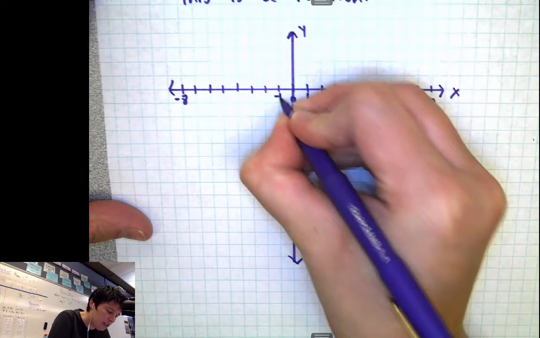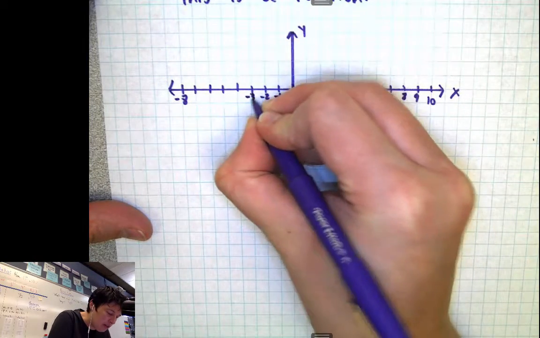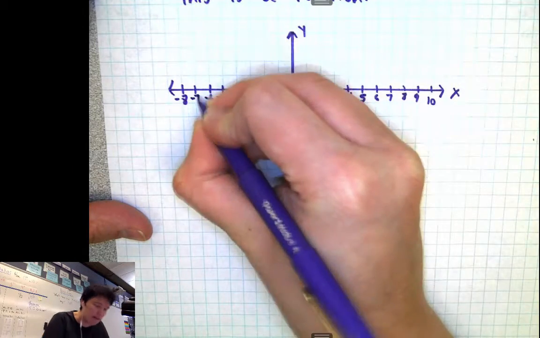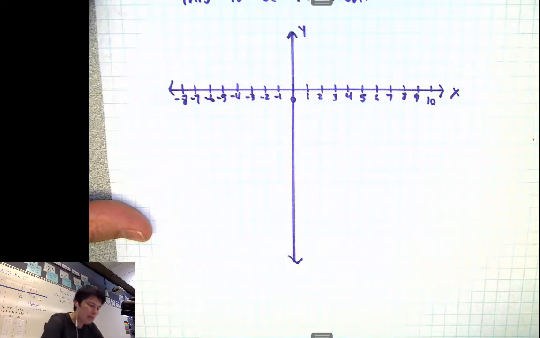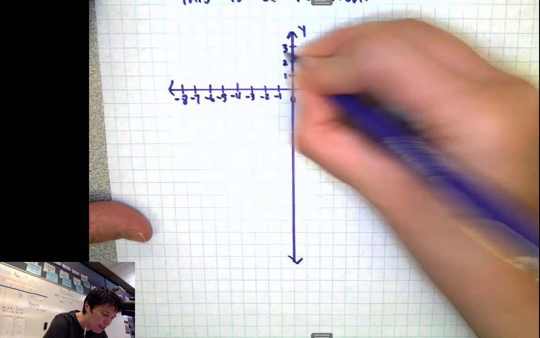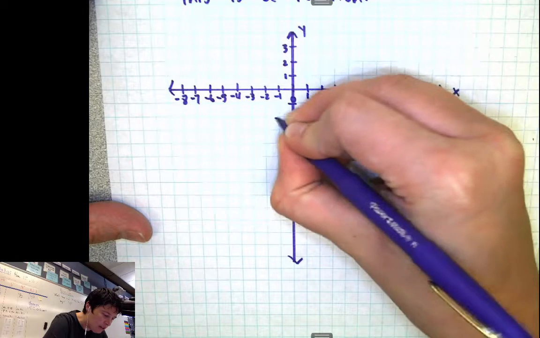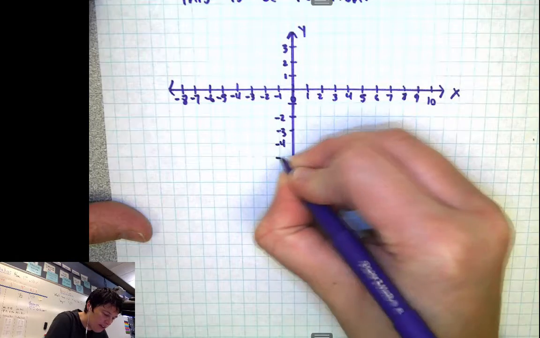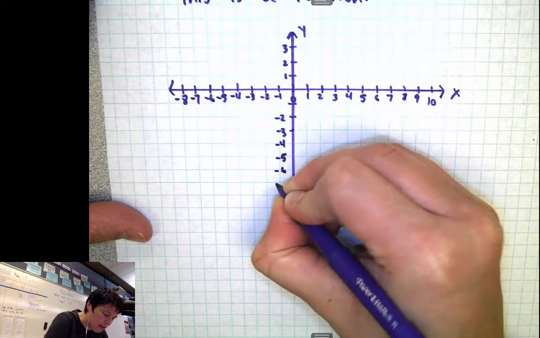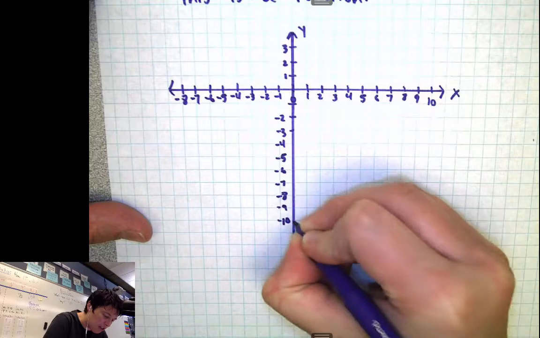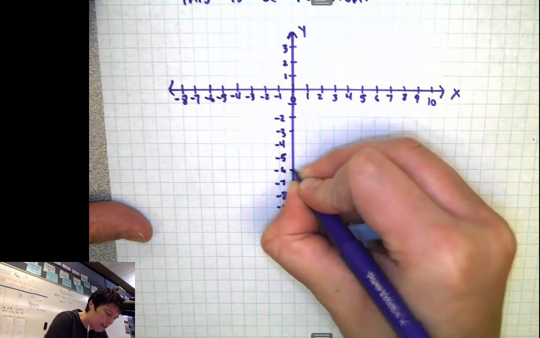We'll do -1, -2, -3, -4, -5, -6, -7, -8. I just want to get all these numbers on here. Same thing going up: 1, 2, 3. I didn't go very far on the y-axis. Then -1 through -10 going down. I'll stop there.